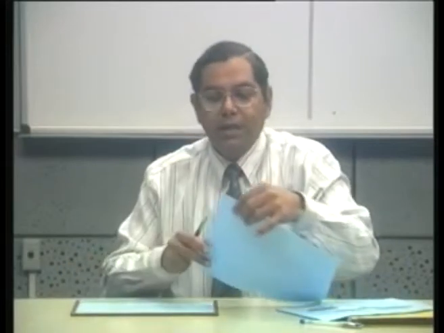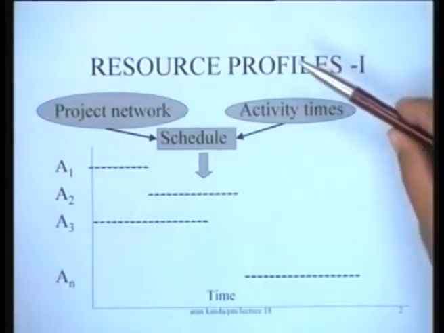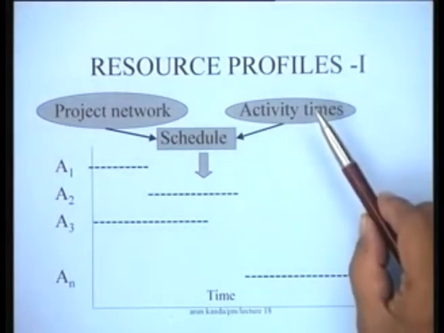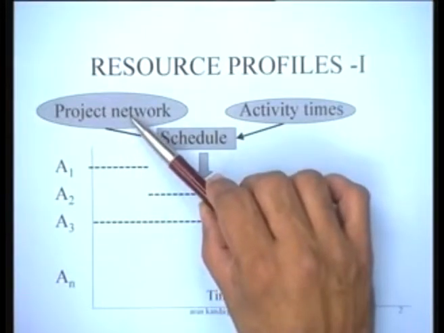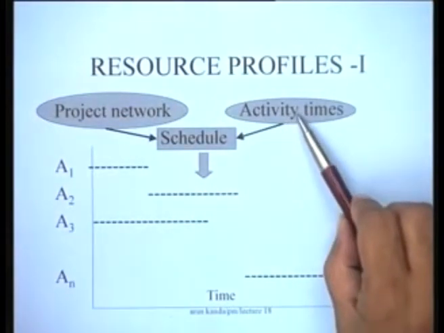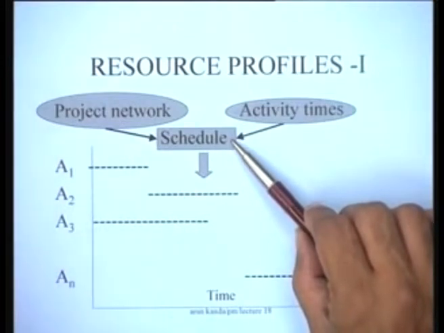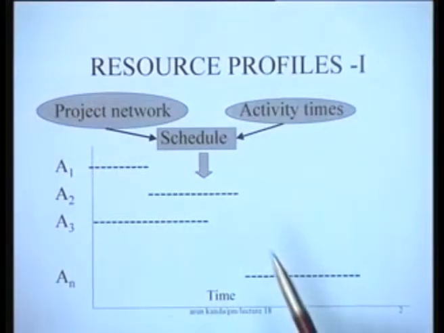The first thing that we have to talk about really is the construction of the resource profiles, which means that you would recall that we can start with a project network, and if we impose on the project network the activity times, it is very convenient to determine a project schedule by doing a simple forward pass and a backward pass, which can identify the early start and the late start schedules. This schedule, when depicted as a Gantt chart, would appear something like this.